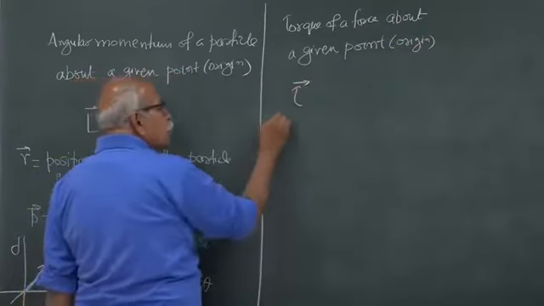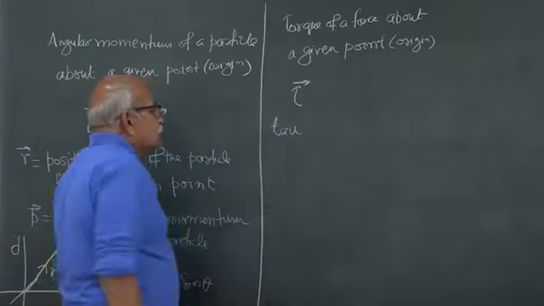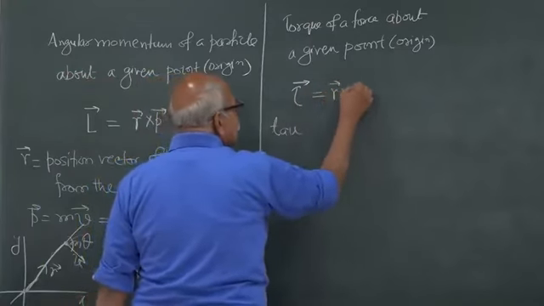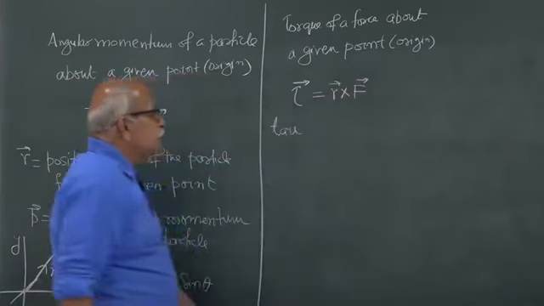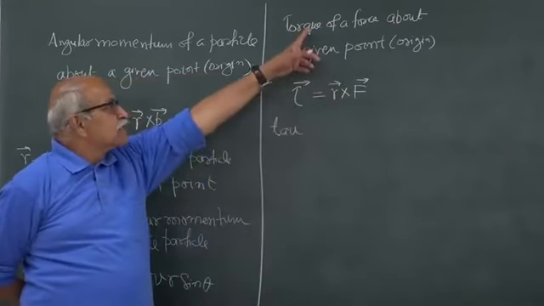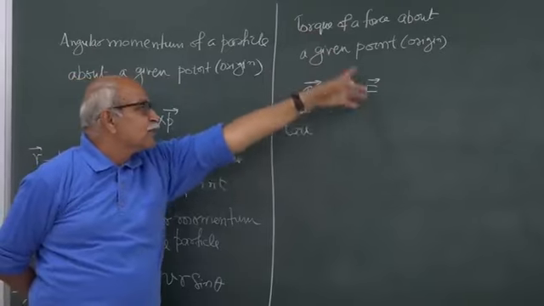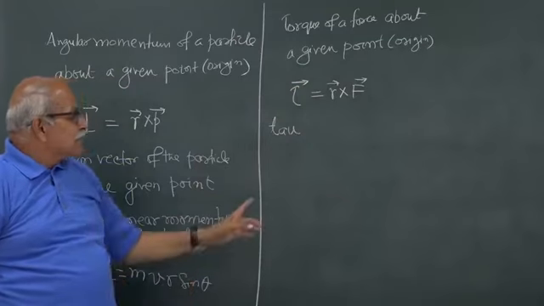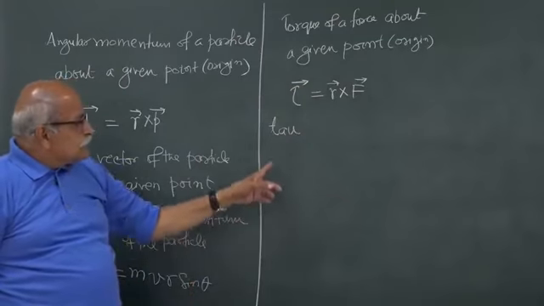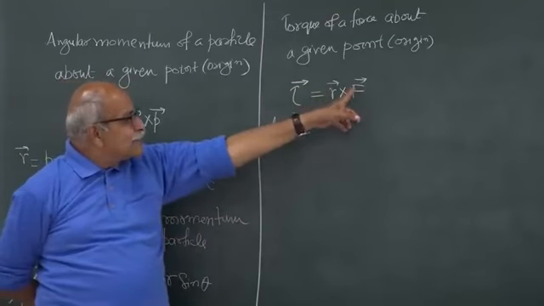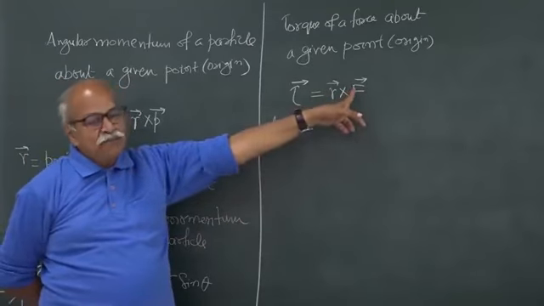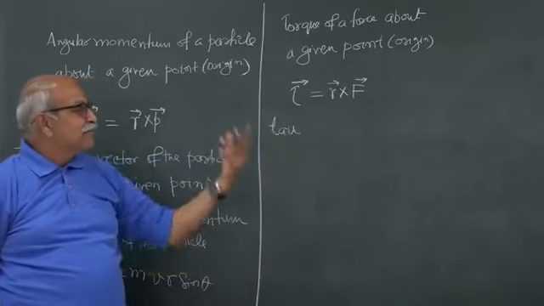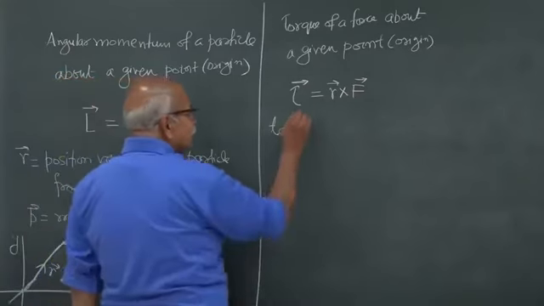We read it tau, T-A-U, Greek letter tau, with the vector sign, equal to r cross F, and once again F is the force whose torque you want. So, where is that force? It is here, and about a given point. From that given point to the point of application of force. Force is acting on some particle, so it is the position vector of that particle, or the position vector of application of this force. So, that is known as torque.